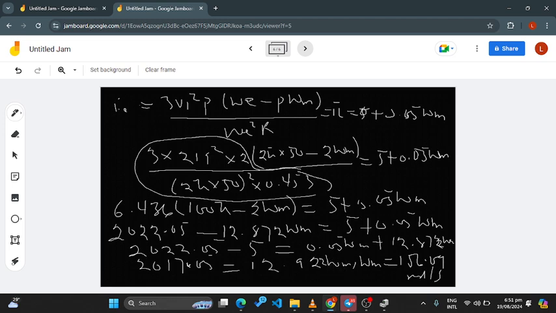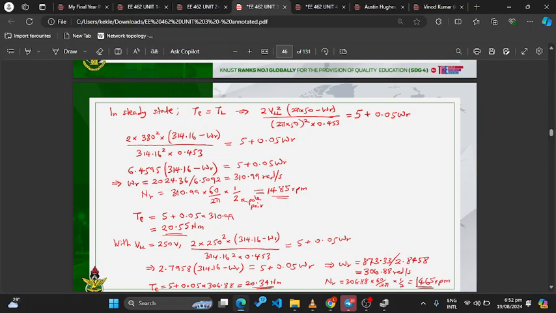Multiply what we got by 60 over 2 pi. If we do it, we get 1490.59 RPM.